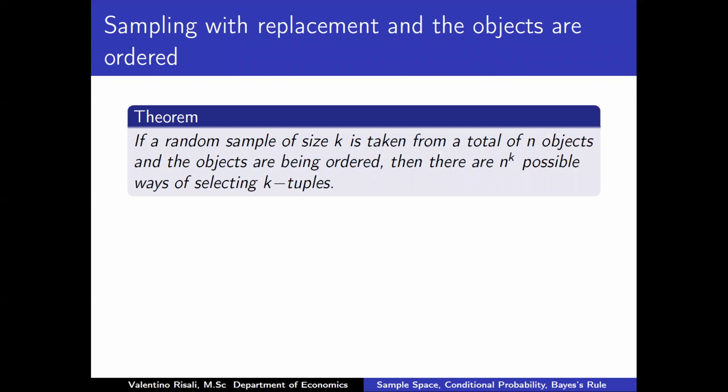This formula says that if a random sample of size k is taken from n objects, with replacement and the order is important, then there are n to the power of k possible ways of selecting k-tuples.